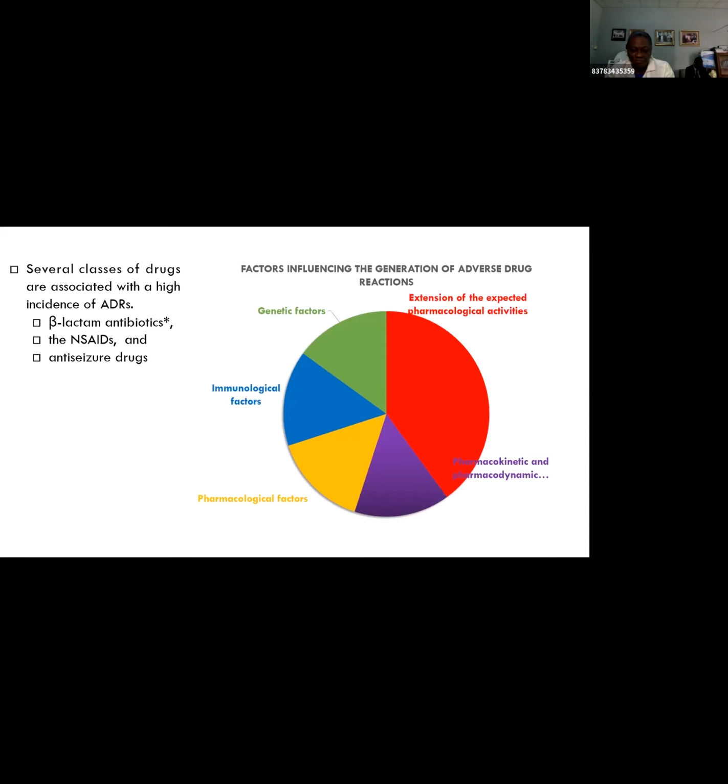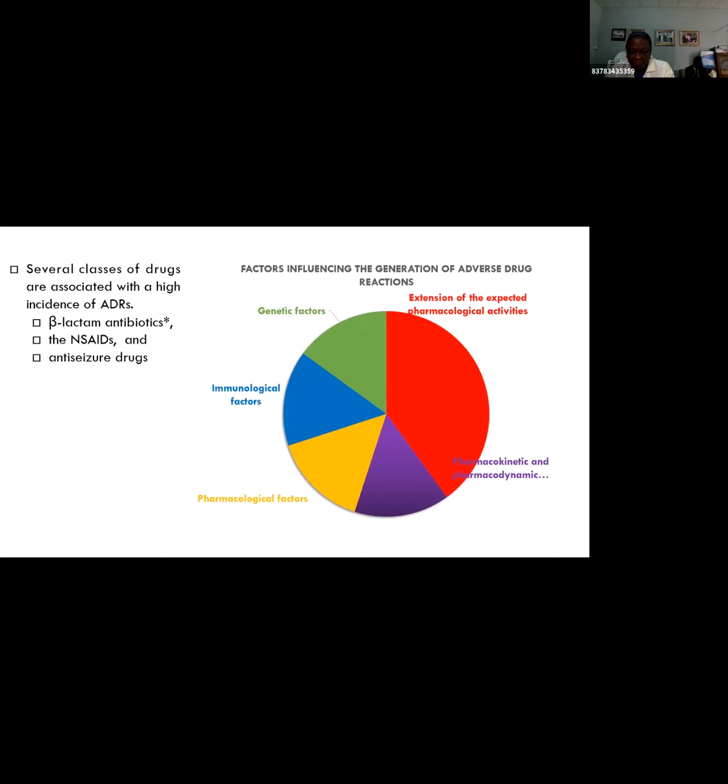Now, there are other factors that also influence the generation of these adverse drug reactions. As we said earlier, the exaggerated effects of the drugs are mostly the reason why, and this is mostly seen as an extension of the expected pharmacological activities of these drugs, and that takes a larger portion of the factors that influence the generation of these reactions.